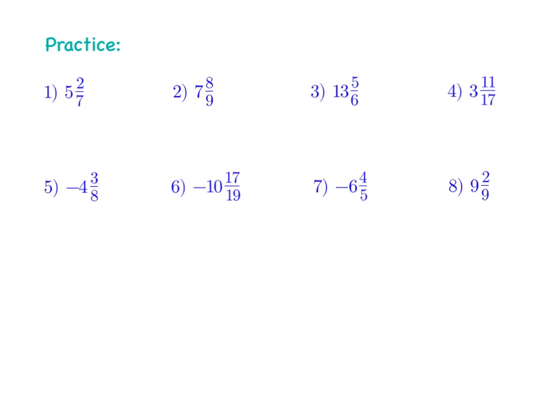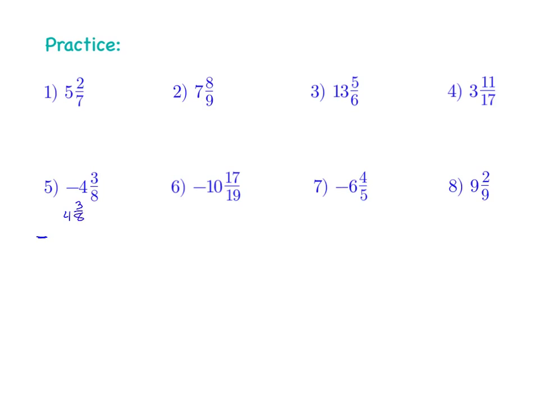Now, one thing that I do want to point out is, let's do number 5 together really quick. What kind of fraction should this be at the end when I convert it to improper? Negative. So you know it's going to be negative, and then you're just going to go ahead and convert this as it is.